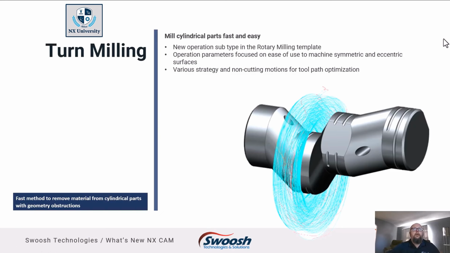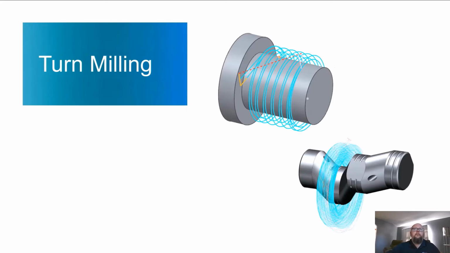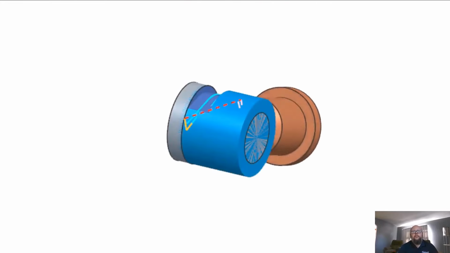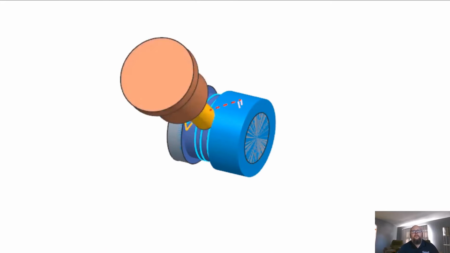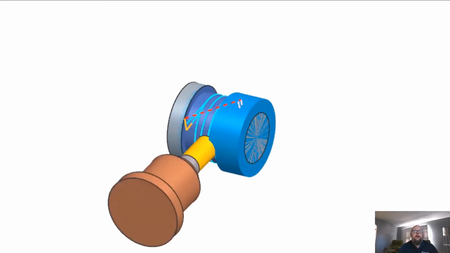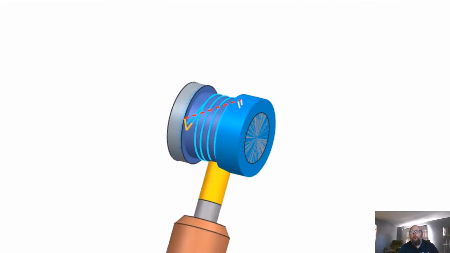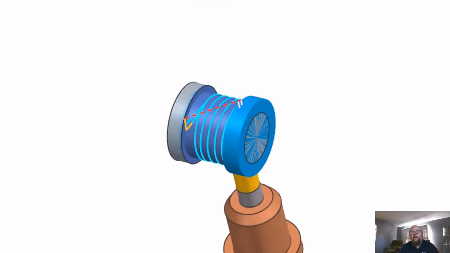The new turn milling operation. This is going to be part of the rotary milling template and will allow us to do some more turn milling type toolpaths. Great for eccentric features, radial features. I personally like to use this type of process when I'm programming parts that might be run in an unmanned operation.